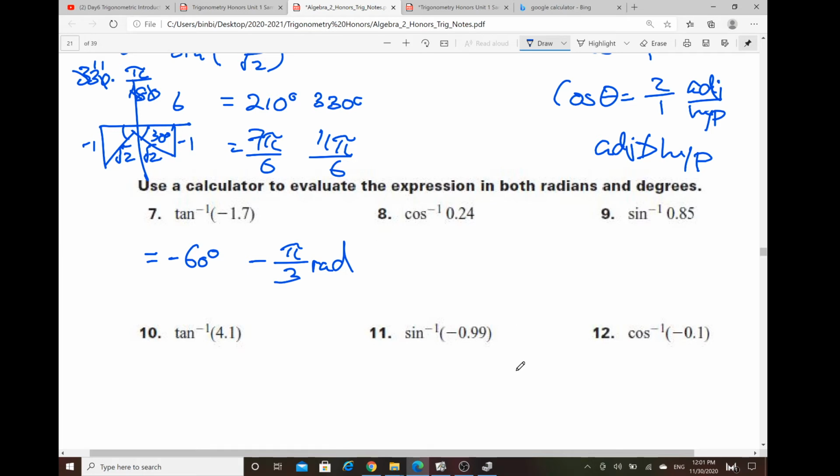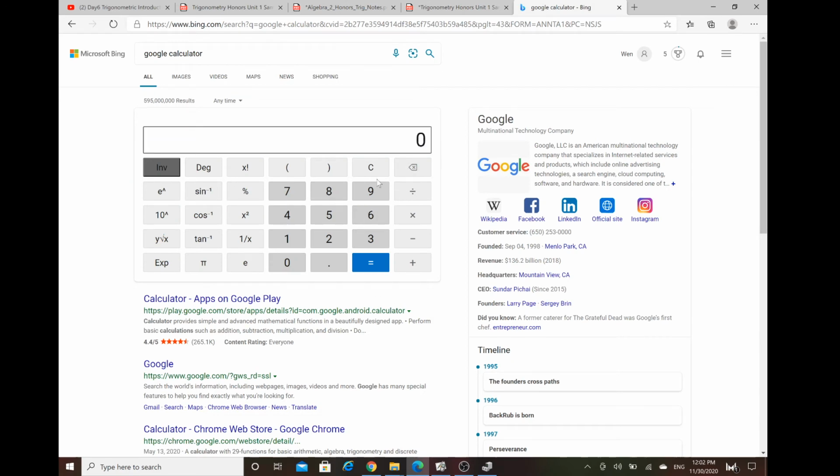And then the rest of this, just type that into the calculator and find out the ratios. So inverse of sine of 0.85.